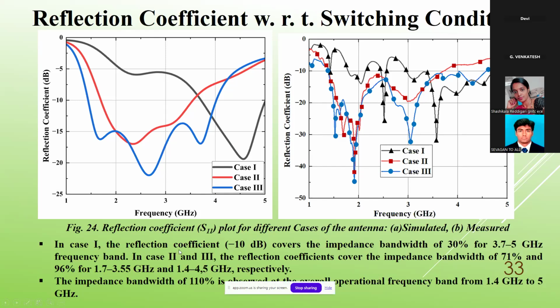So in case 1, with the reflection coefficient minus 10 dB line, the bandwidth is 30%, from 3.7 to 5 gigahertz, because the minus 10 dB line crosses here to here. Similarly, in case 2 and case 3, the impedance bandwidth is 71% and 96% respectively, with frequency bands 1.7 to 3.55 gigahertz and 1.4 to 4.5 gigahertz.